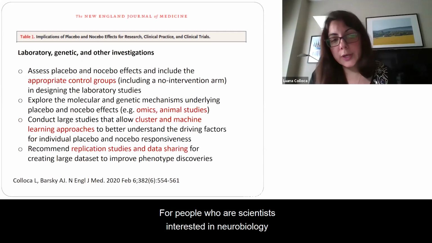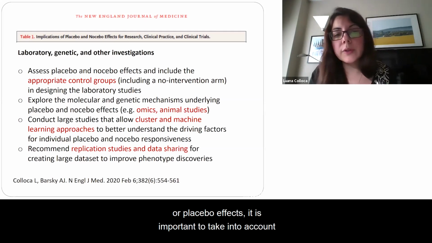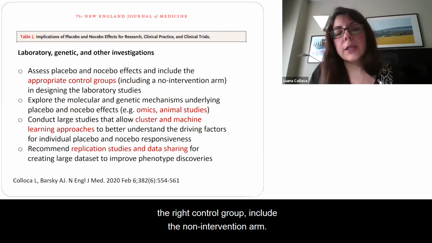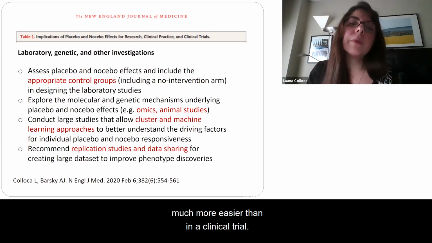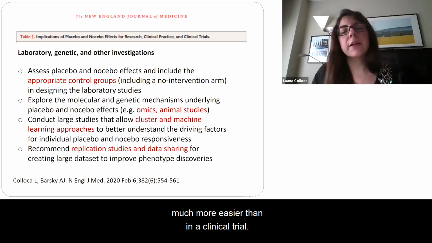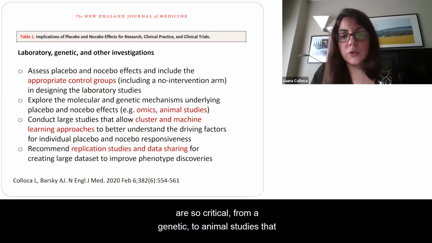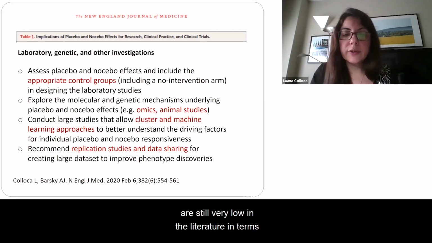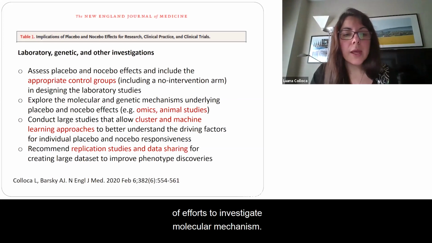For scientists interested in the neurobiology of placebo effects, it is important to take into account the right control group and include the non-intervention arm, which is usually much easier in a laboratory setting than in a clinical trial. Advance new lines of research that are so critical, from genetic to animal studies, which are still very low in the literature in terms of efforts to investigate molecular mechanisms.